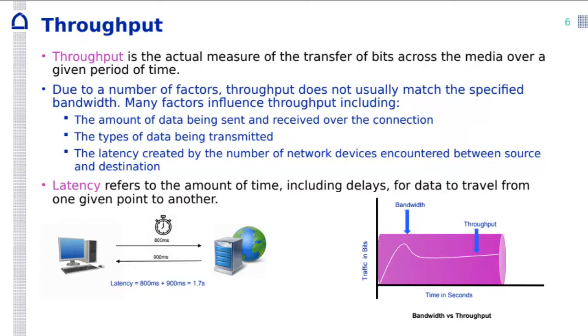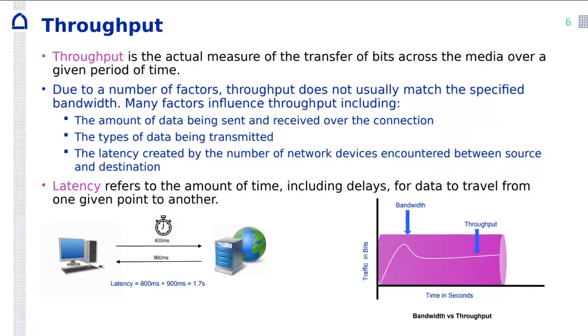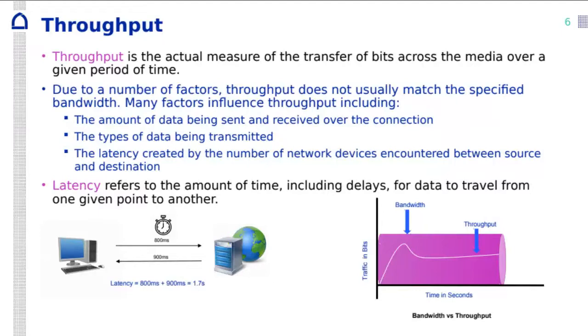What are the factors that influence throughput, such as the amount of data that is sent and received, the type of data, the latency created by the number of network devices encountered between source and destination, because your data is going through switches, routers, so this will cause some delay. That's why the throughput is usually less than the bandwidth.